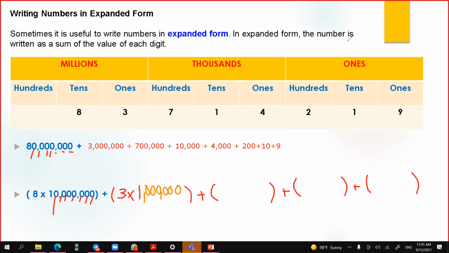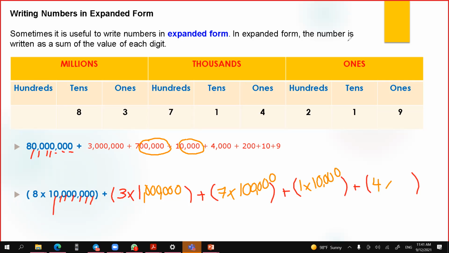Then 7 times 1. How many zeros here do we have? 5. 1, 2, 3, 4, and 5. Then this one is 1 times. How many zeros here do we have? 4 zeros. So 1, 2, 3, and 4.